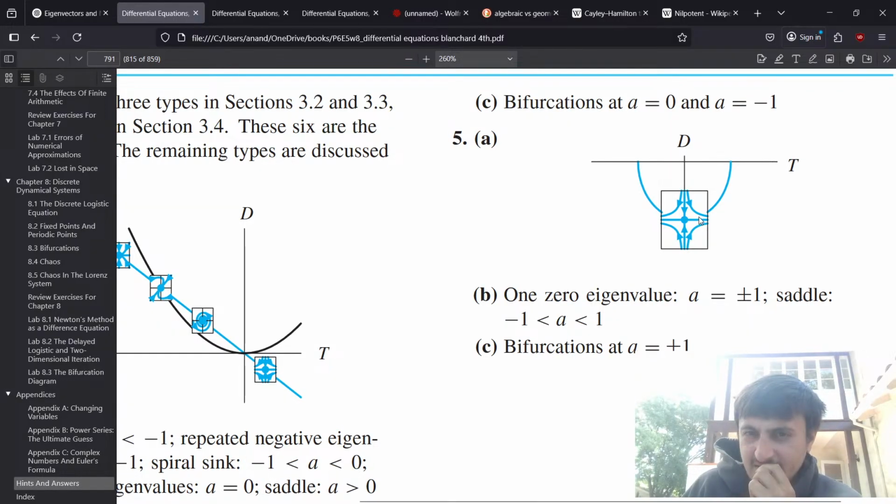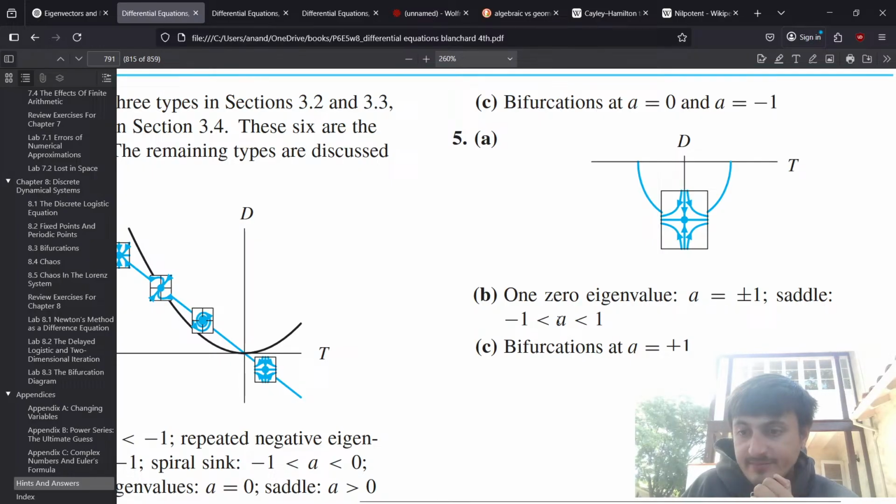Okay, so we have a saddle. But it doesn't explain this. 1, 0 eigenvalue. Saddle. Oh, yeah, okay, okay, yeah.